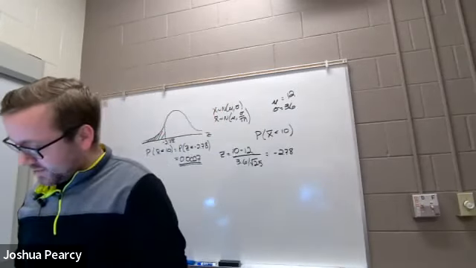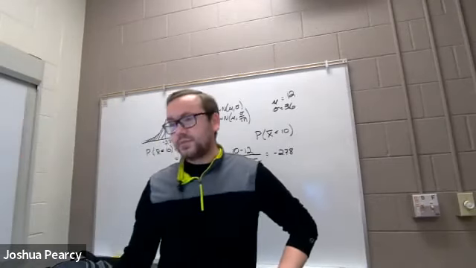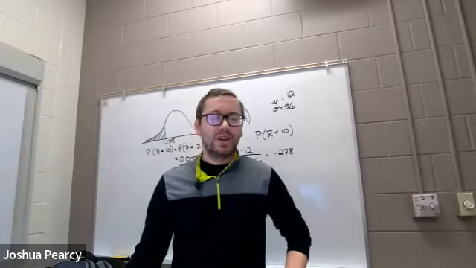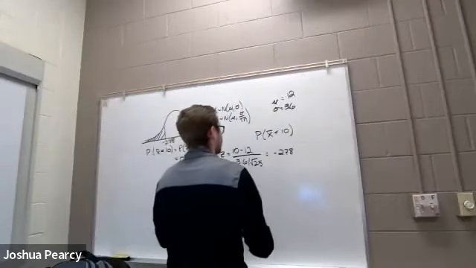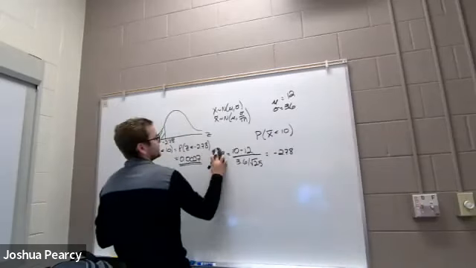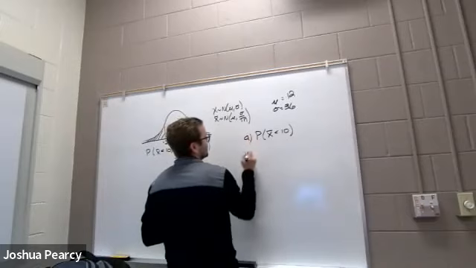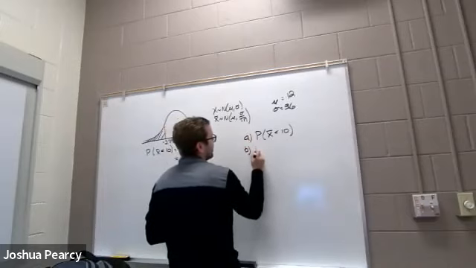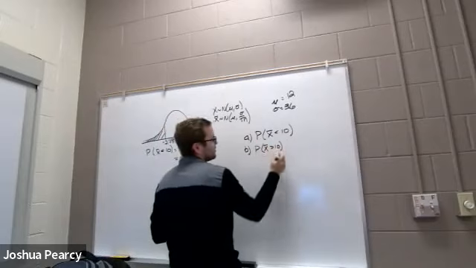The next part says find the probability that the mean of the sample is greater than 10. What is the relation of B to part A? Yeah, they're complements. So the probability of X bar being greater than 10.